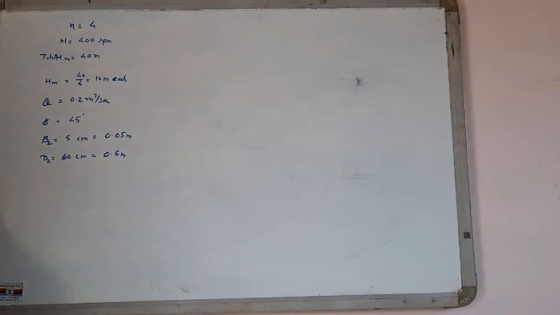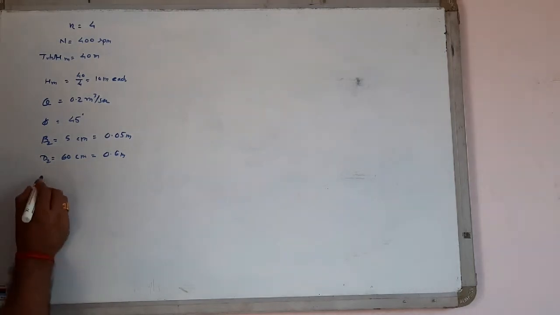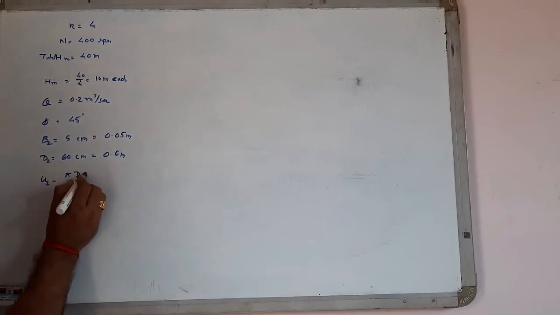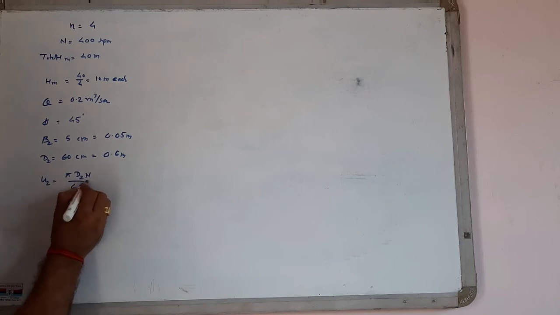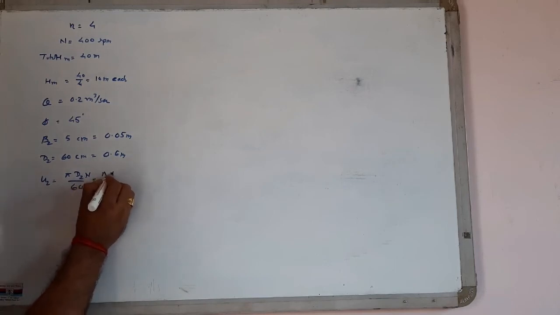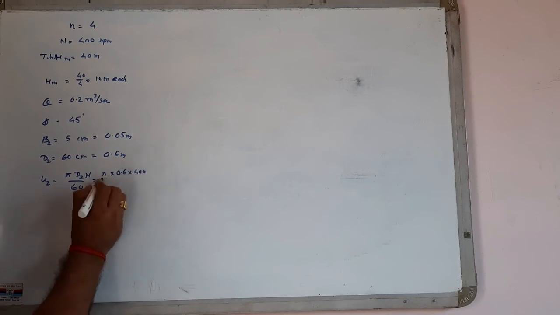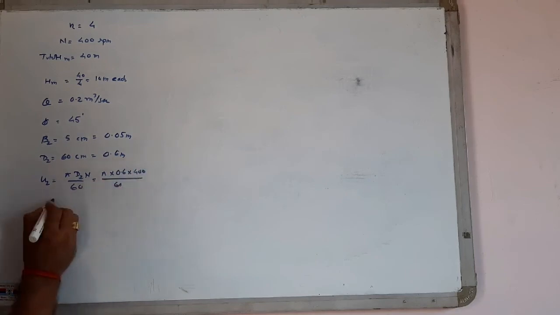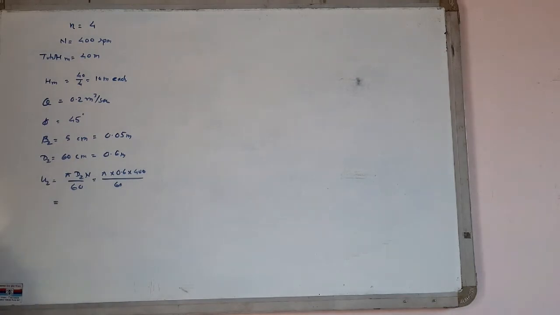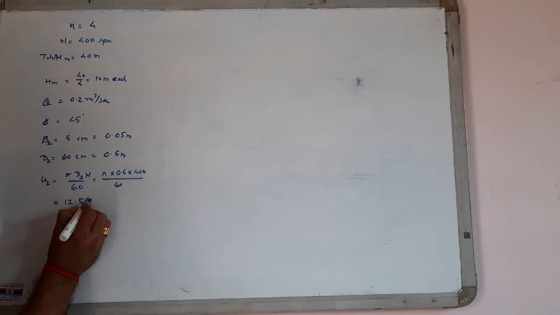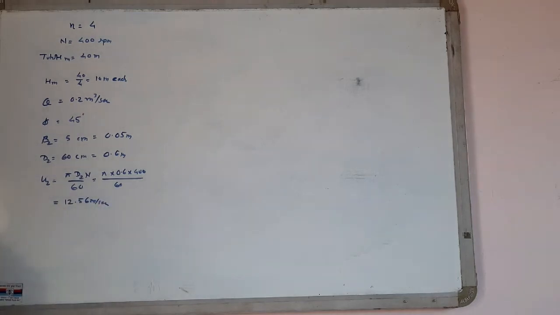Now tangential velocity of impeller at outlet U2 equal to pi D2 N by 60, putting the values here, pi into 0.6 into 400 divided by 60, so value of U2 comes 12.56 meter per second.